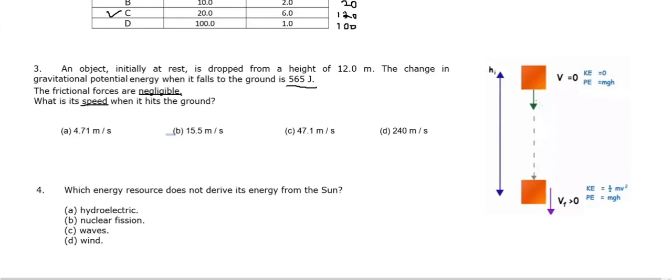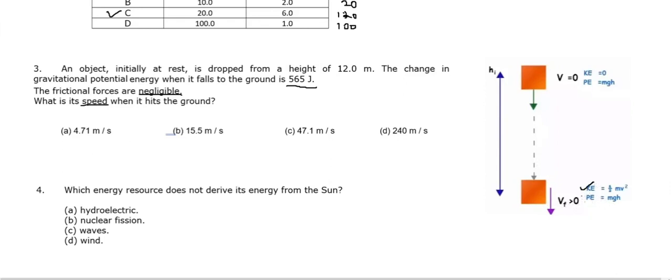This object is falling down. At some particular height it has only potential energy, because at this height the velocity is 0, so kinetic energy is also 0. While falling down, the kinetic energy increases and the potential energy decreases, and when it reaches the ground it has all kinetic energy.